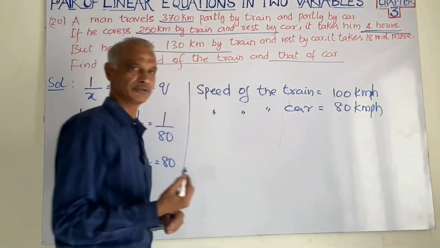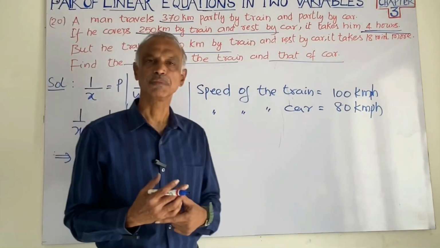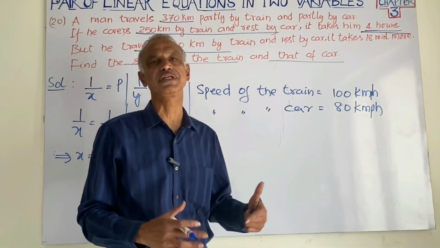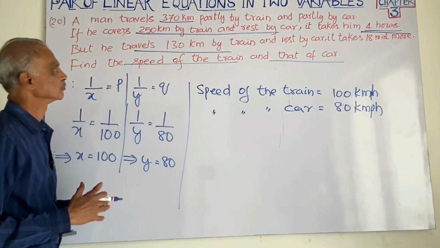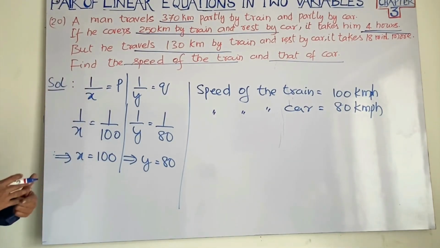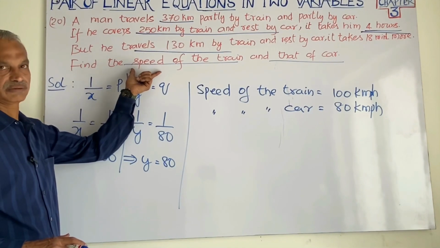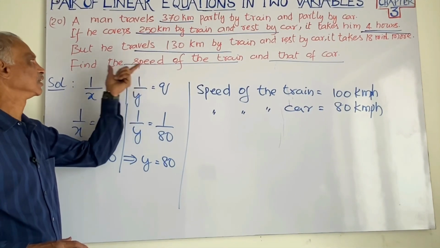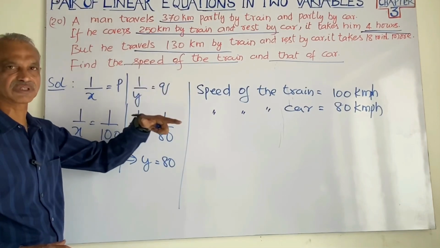Like this you have to do: convert the problem into a pair of linear equations, and find the speed of the train and the speed of the car. First you observe what question he asked. You have to start from here: speed of the train and speed of the car.